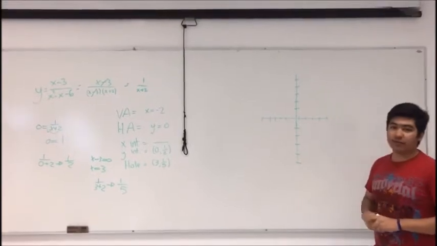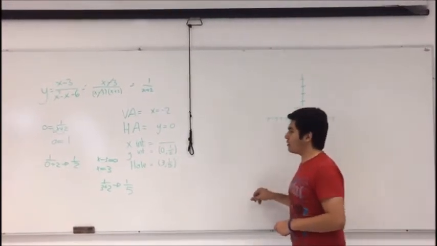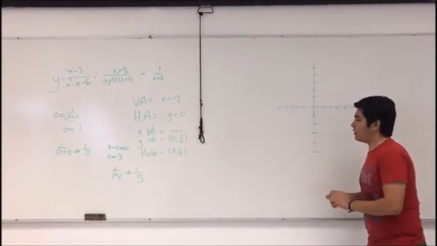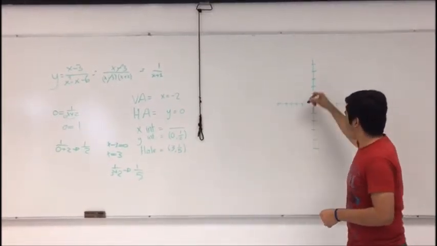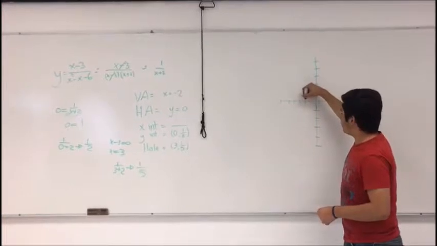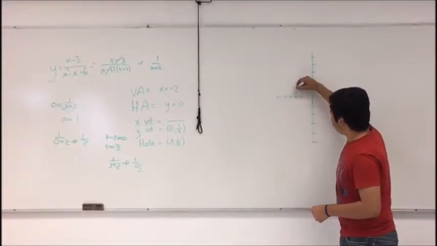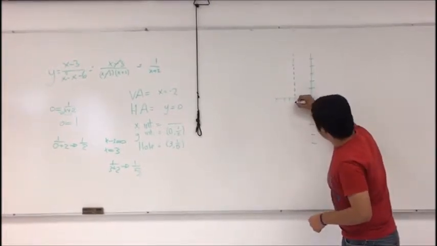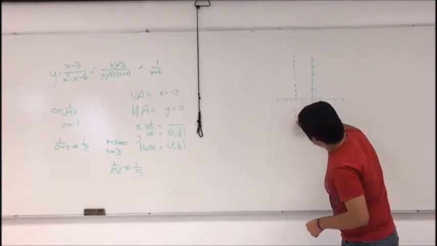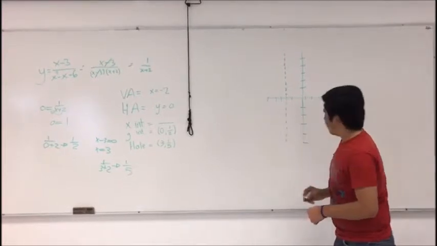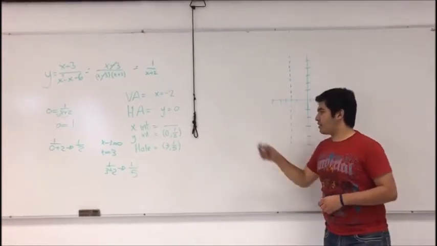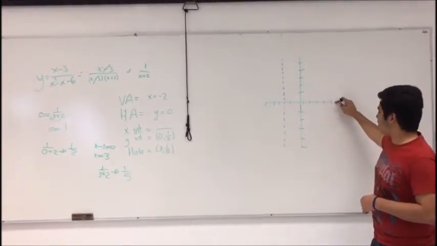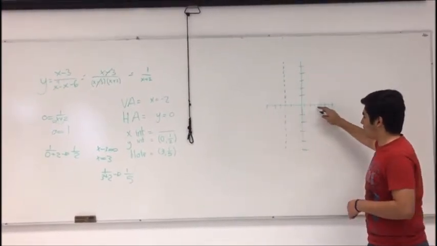Okay, now we have to graph the rational function, and in order to graph, we have to look first at the asymptotes. So in this case, the vertical asymptote is at x equals negative 2, so negative 1, negative 2 in here. We will make these lines to mark them as the asymptotes. And for the horizontal asymptote, I am not going to write it, but it's at y equals 0, so it's in here.